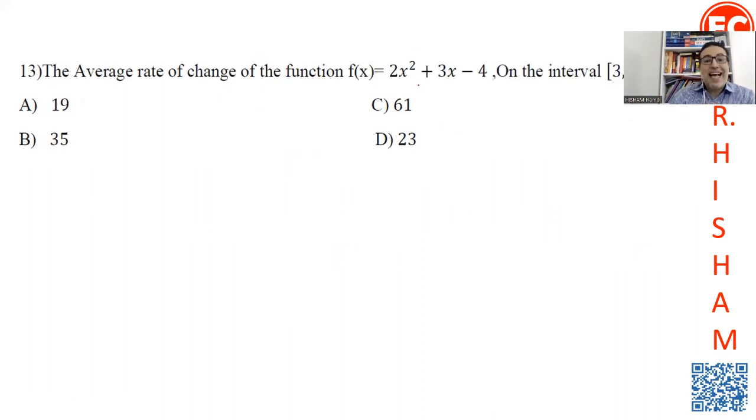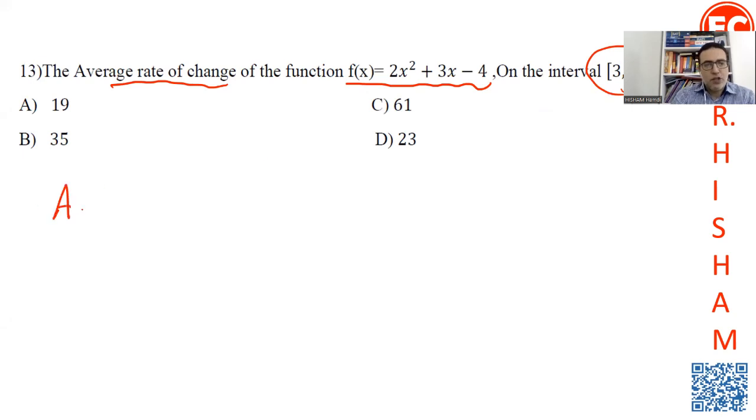Question number 13, and this question is actually repeated in every single SAT test. How to find the average rate of change. The change is in the function. Sometimes the function is easy, sometimes it is difficult, sometimes it's exponential, sometimes it's a polynomial. So to find the average rate of change, you go to the interval.